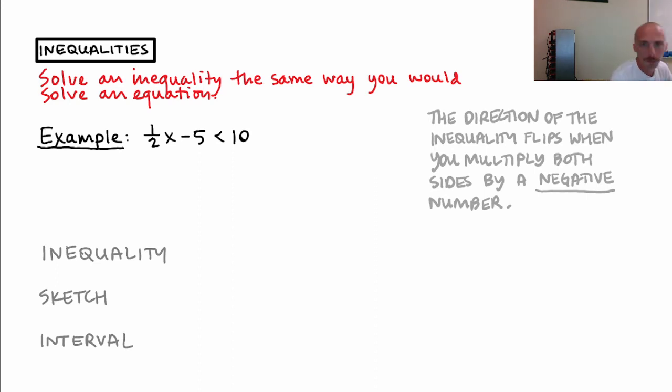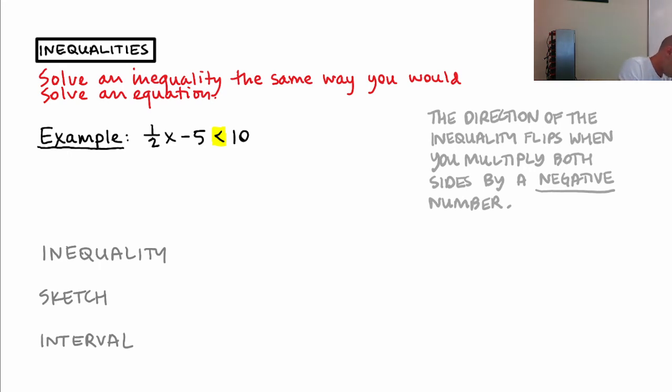For now, we just need to remember that it shouldn't happen too much at the beginning, right? Because we're not dealing with the most complex inequalities ever. So over here, half of x minus 5 is less than 10. Remember that right here, the one that looks like an L is less than, or you can remember that the alligator eats the bigger number, so on the 1/2 x minus 5 side, that's the less side.